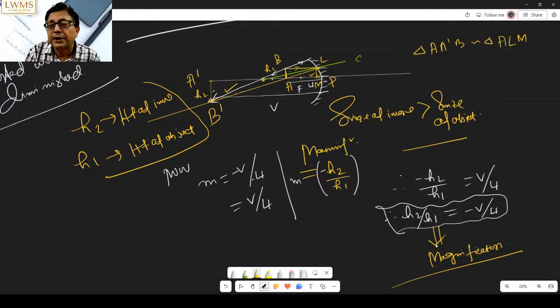From there also you try to prove how this h2 by h1 is coming to be V by U. So understood? For spherical mirror this concept is required before you start practicing sums.